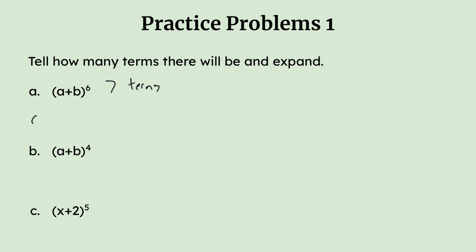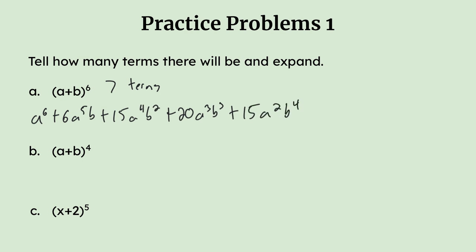That would be a to the sixth plus 6 a to the fifth b plus 15 a to the fourth b squared plus 20 a cubed b cubed plus 15 a squared b to the fourth plus 6 a b to the fifth plus b to the sixth.